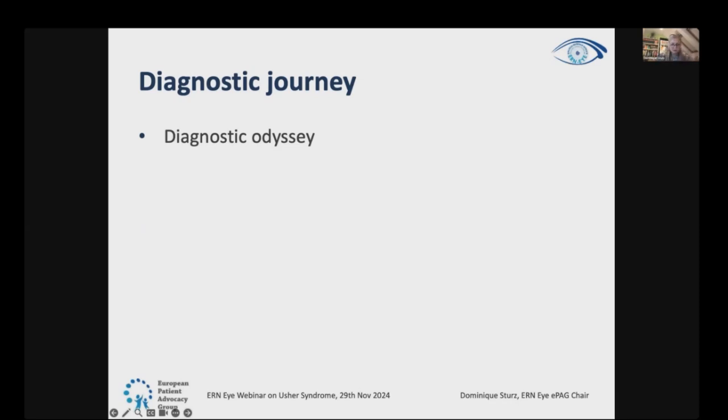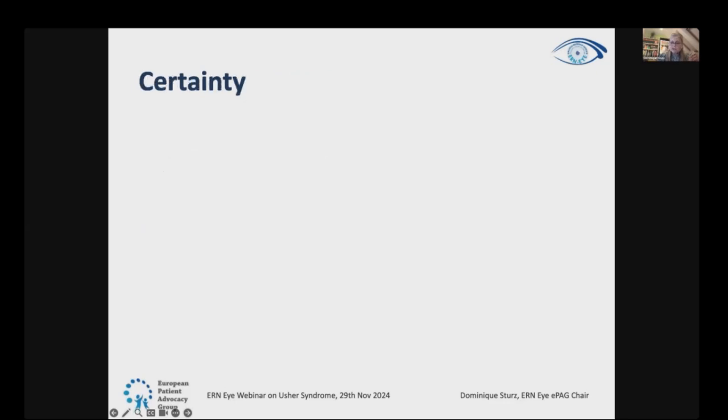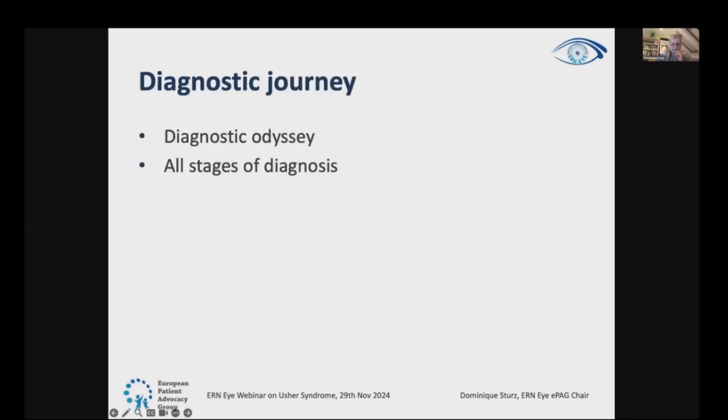So I'll give you just an example of an odyssey, quoting my family. My family went through all stages of the diagnosis, from no diagnosis at all in 1996, when my daughter was born, to the diagnosis of one symptom in 1997 when she was 1 year old, and her deafness was diagnosed because she didn't start to speak.